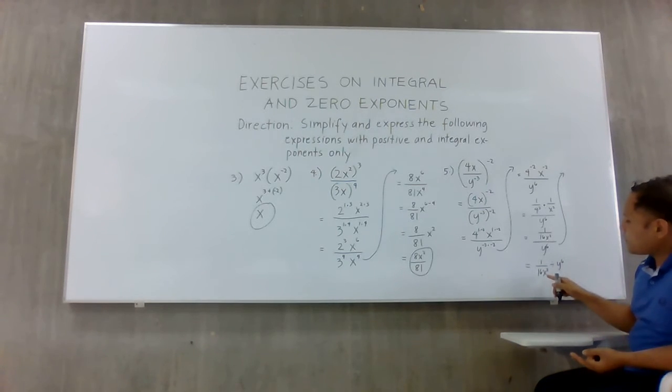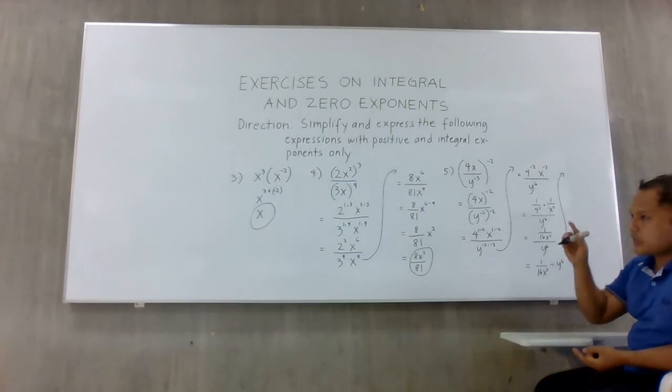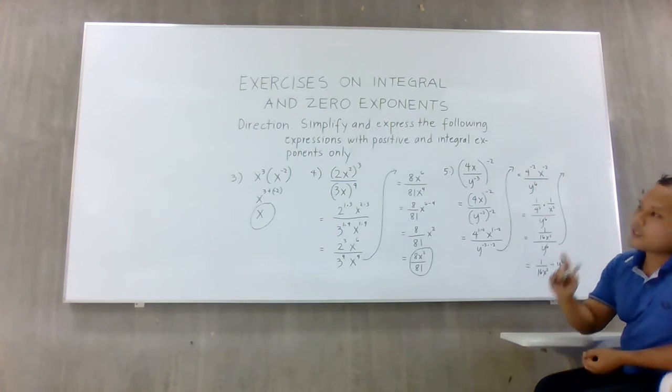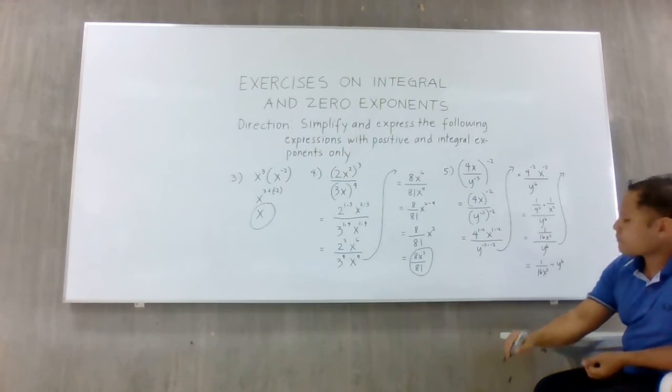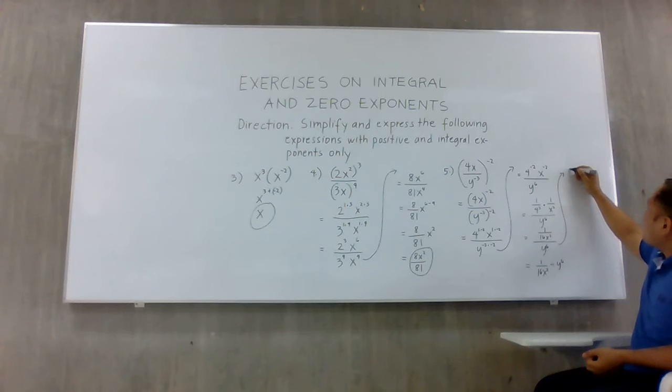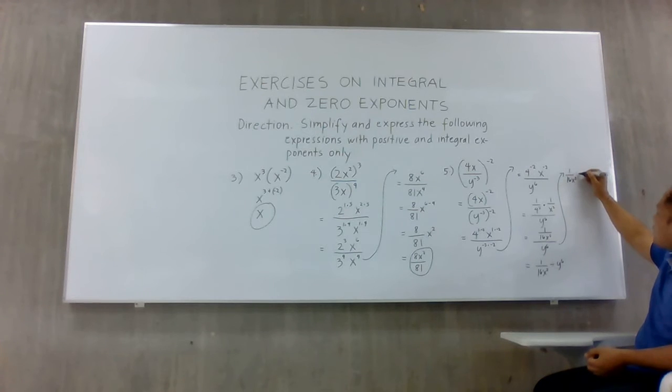Or whenever you divide the fraction by a certain quantity, that quantity must be reciprocated and then you proceed to multiplication. So we have 1 over 16x squared times, this is now reciprocated, 1 over y to the power of 6.